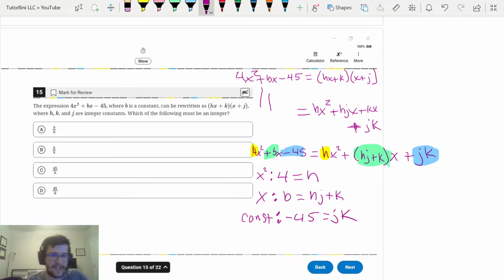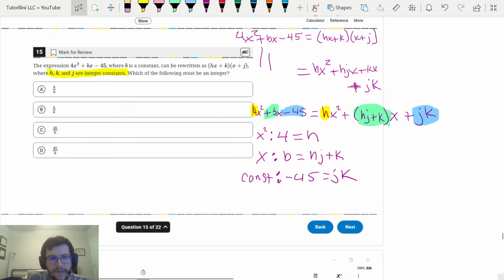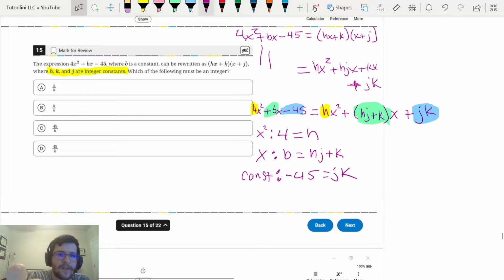So now you kind of just have to fiddle around and hope you realize something. And this is what they do in the answer key. You have to keep in mind that they tell you h, k, and j are integers. So what they did is they isolated for j here.